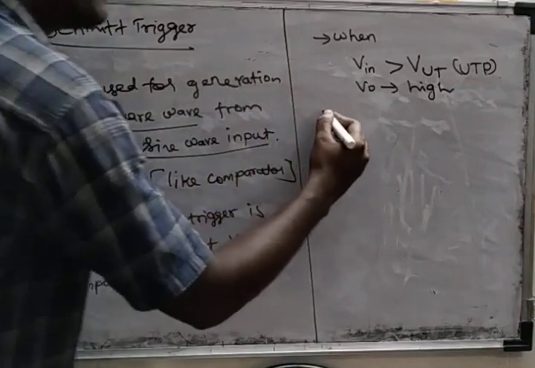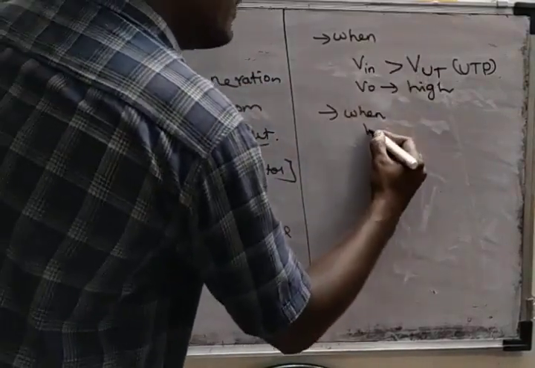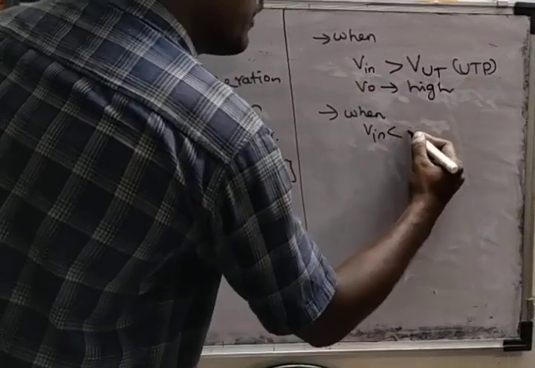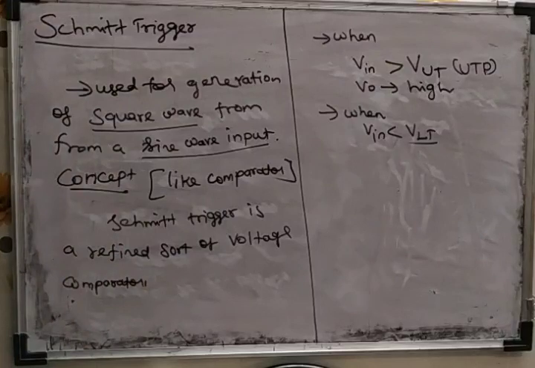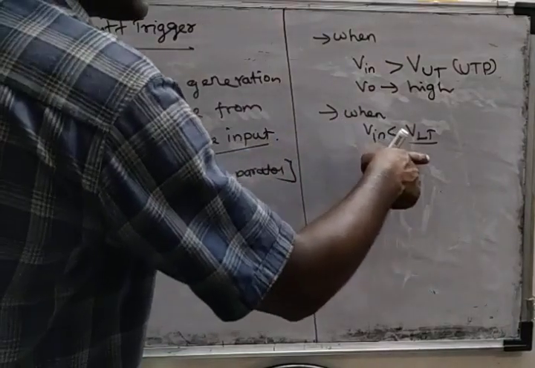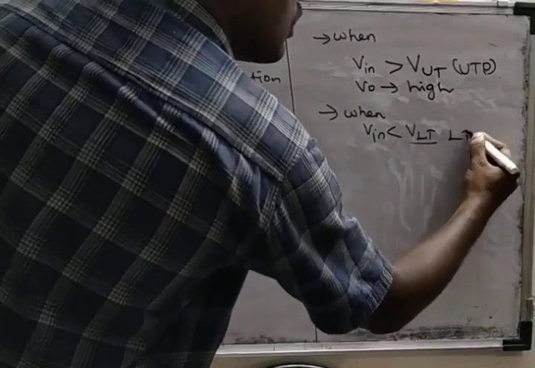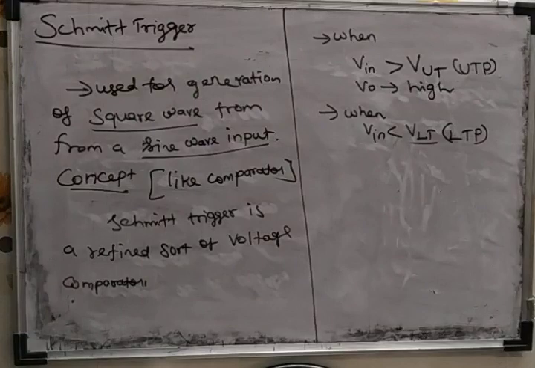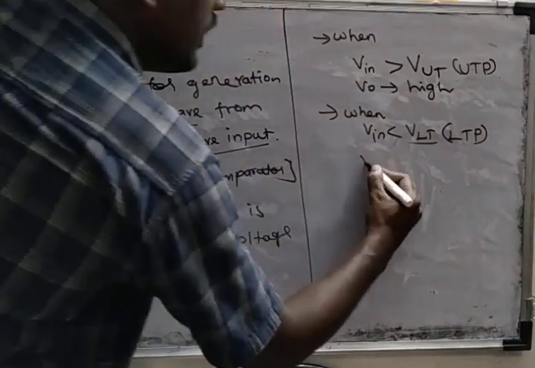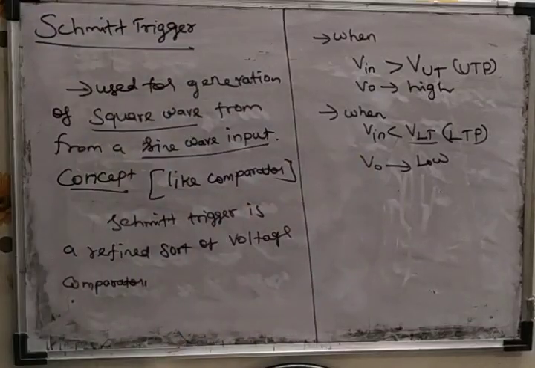Similarly, when Vin is less than VLT, this voltage is called the lower threshold voltage. When the input voltage is less than the lower threshold voltage, this is also called the lower triggering point, and V0 goes to the low value.